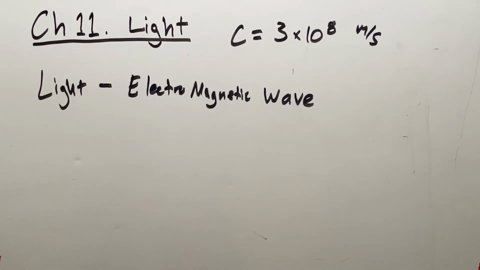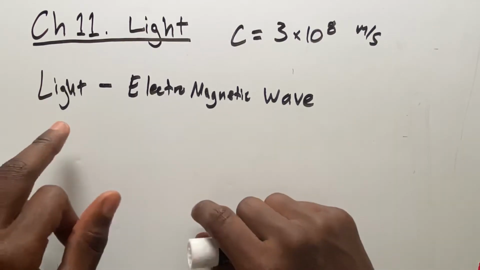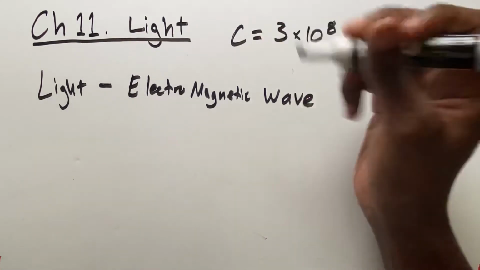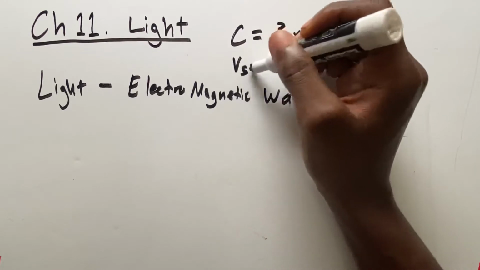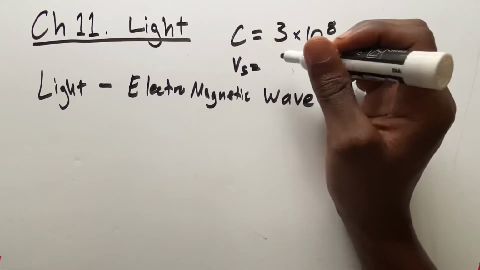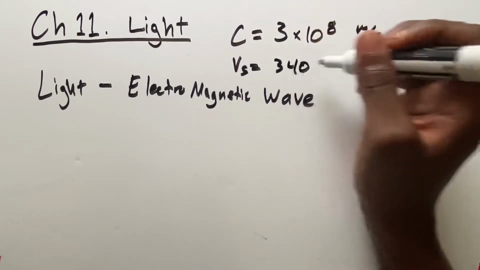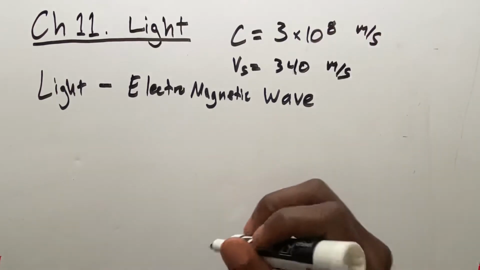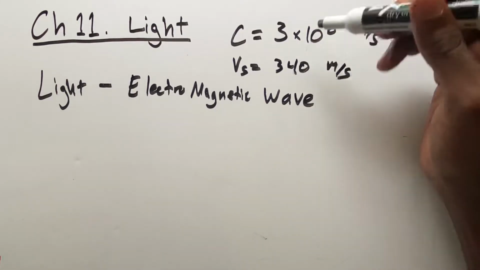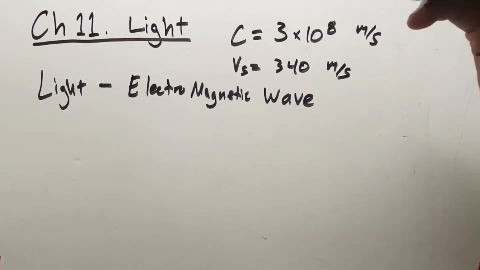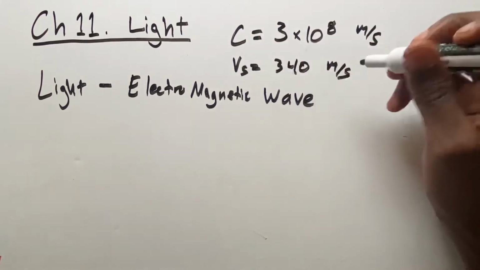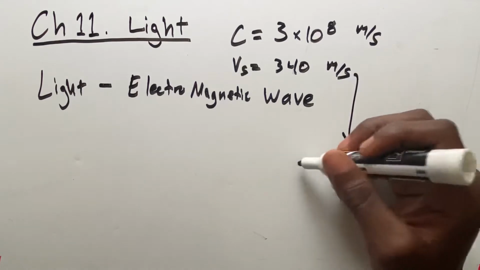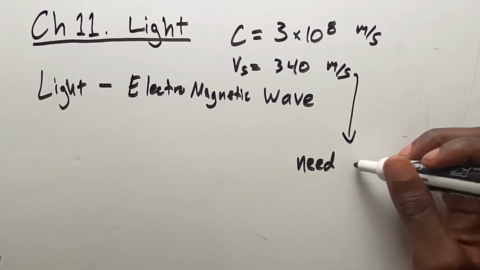So let me kind of describe light waves and sound waves and how they differ. So we know for sound waves, the speed of sound, Vs, was 340 meters per second. The main difference that I want to point out here is that sound needs a medium to travel through.